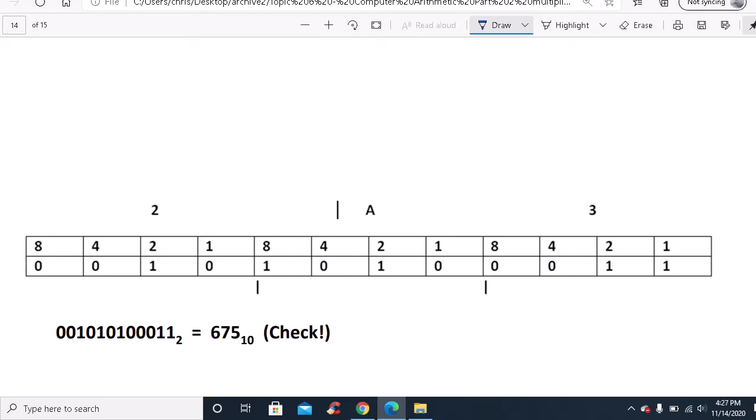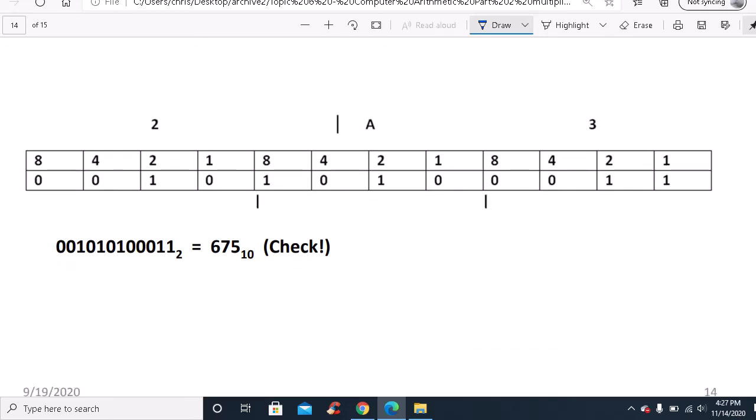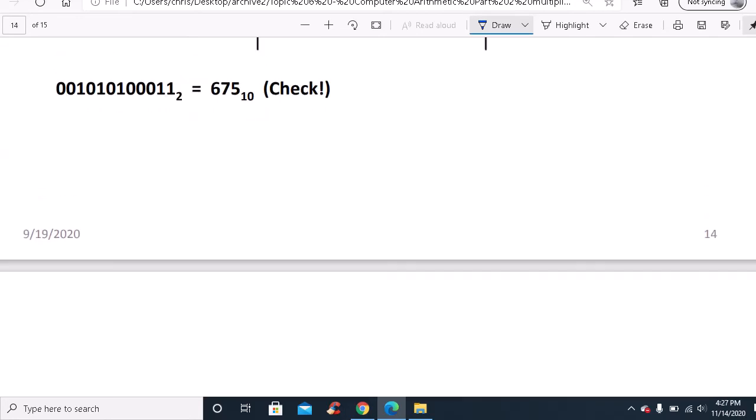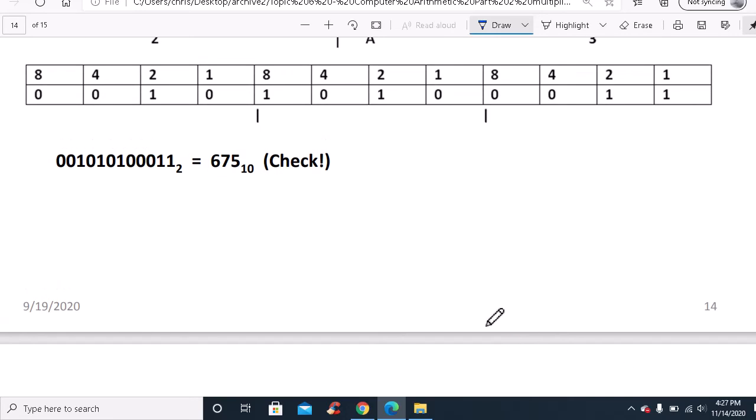And if you now convert that sequence, it's entirely possible to convert that into a decimal number. It should give you 675.